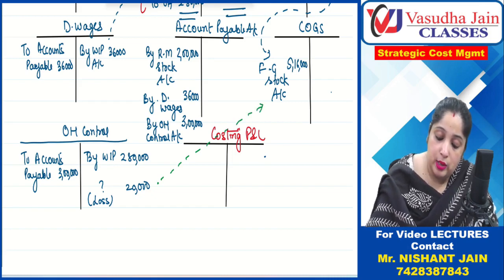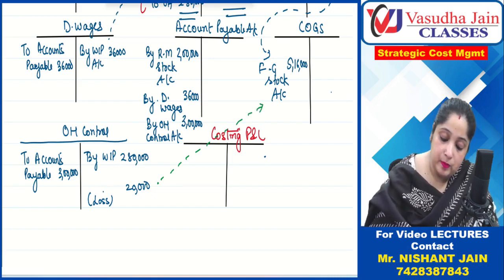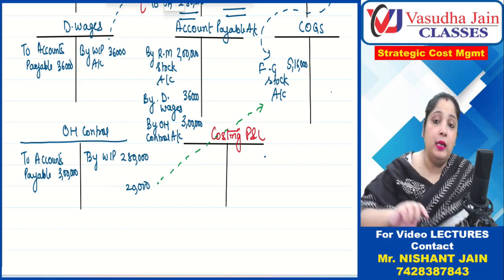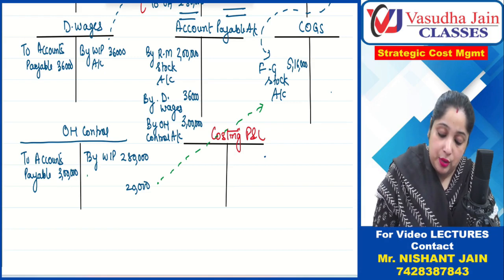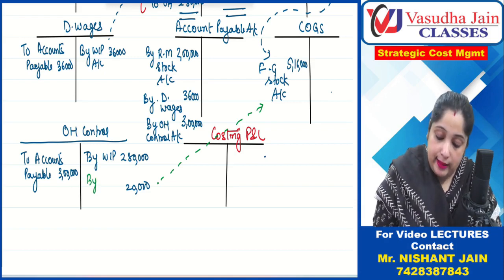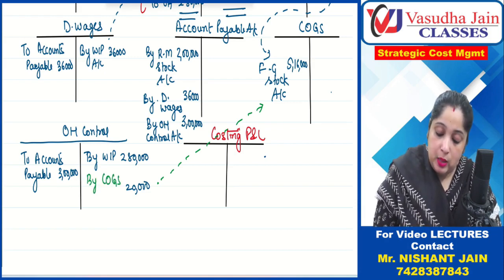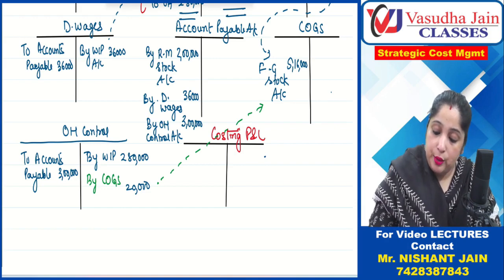So it is going to be like this now. This loss or under absorbed overheads will be transferred to cost of goods sold, but the correct way is to transfer this to costing P&L. If you open up your books, you will get to know. So here we are going to write to overhead control account 20,000.